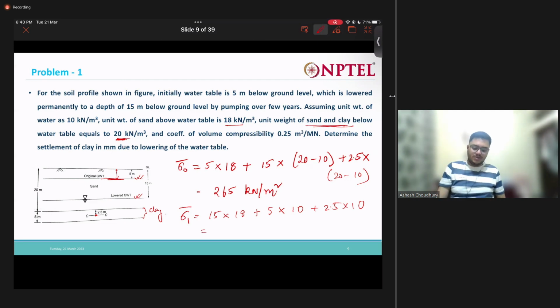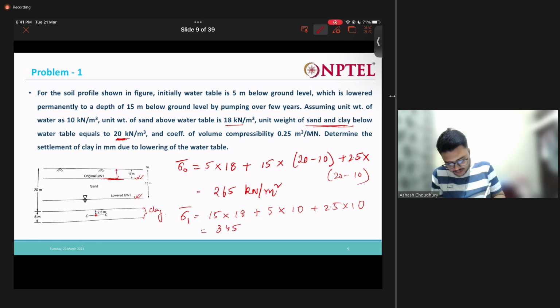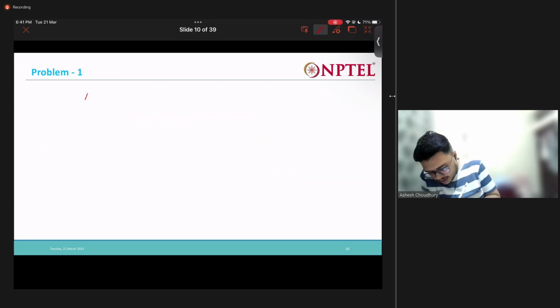So what will be the value? It is 345. So what is my increase in stress? 345 minus 265.